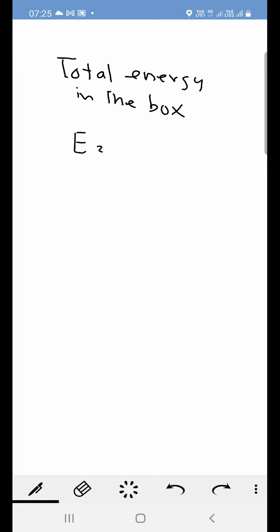If someone tries to find the total energy in the box, then E is equal to the summation of n bar En, where n bar is the number of phonons in the box with energy En.